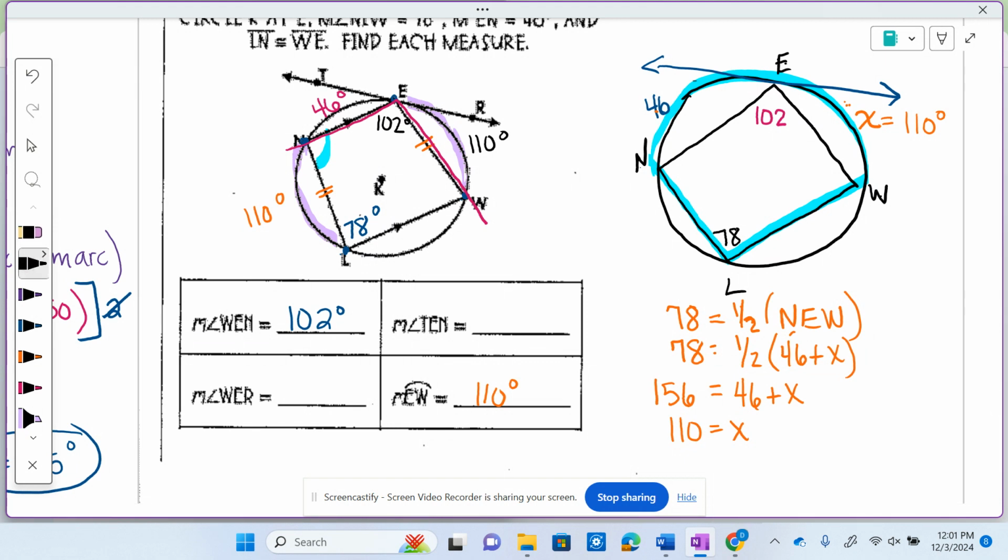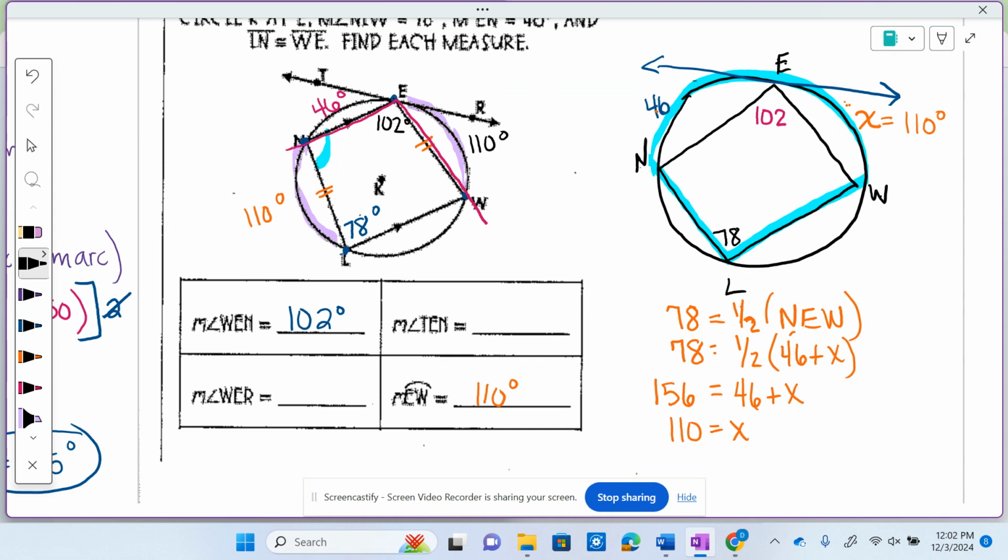Go ahead. 180 minus 102 minus 46. It's on a 180, right? It is a straight line. So 180 minus 102 minus what? So what do we know about the degree of the arc compared to the degree of the angle?